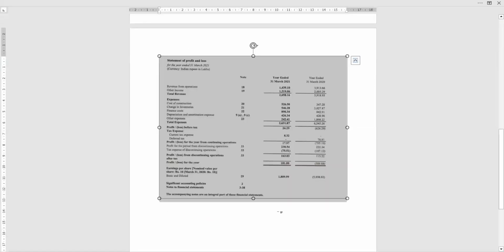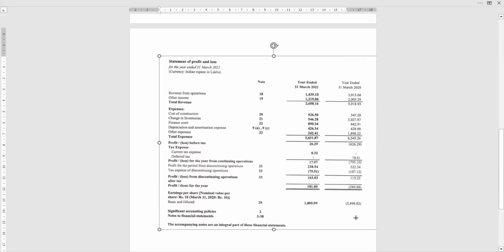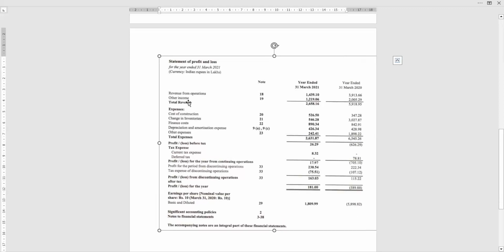See here, the same format is maintained, and here is profit for the period from discontinuing operations, Schedule 33. In Schedule 33, if you see, this balance sheet I have prepared, that's why I'm telling you.